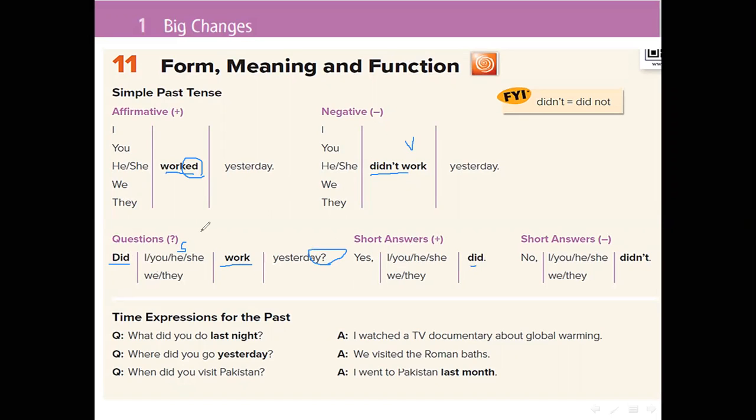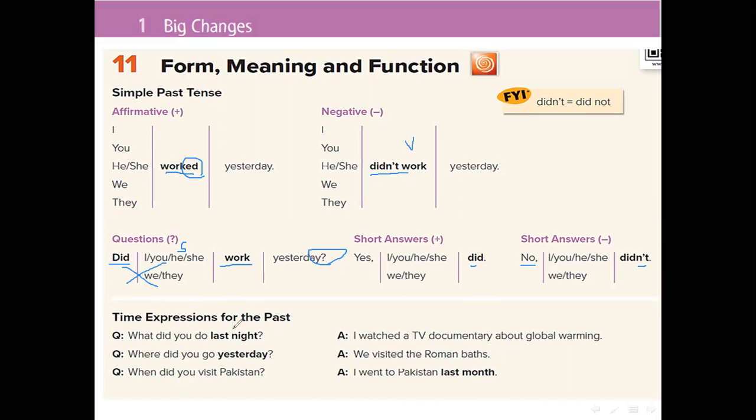Okay, we will change the order between the auxiliary verb and the subject. Yes, I did, or yes, they did. If we say no, we will add not. No, I didn't. No, he didn't. No, they didn't.